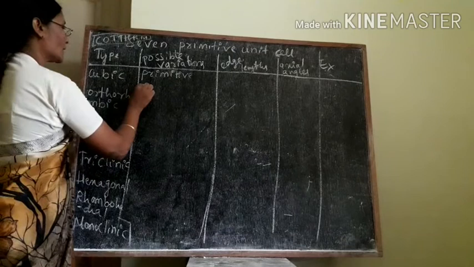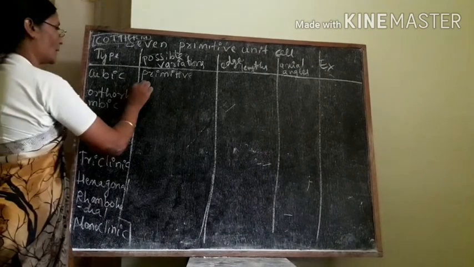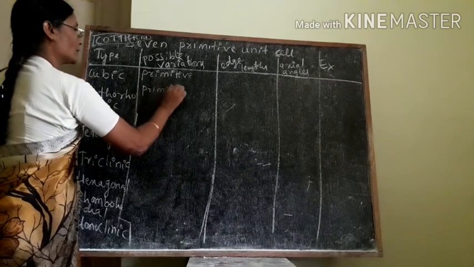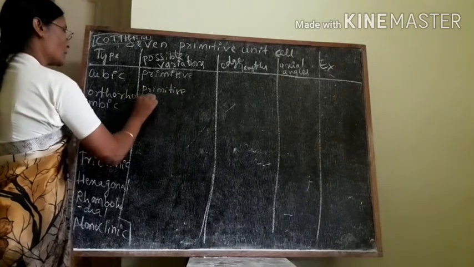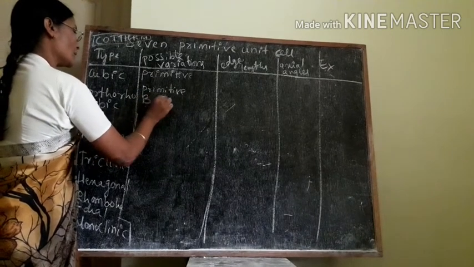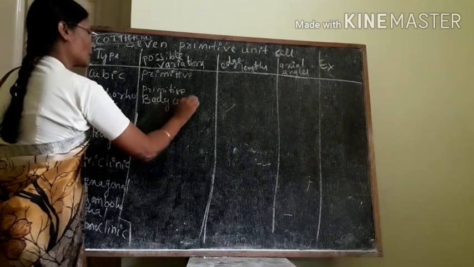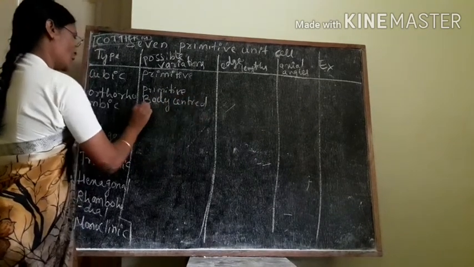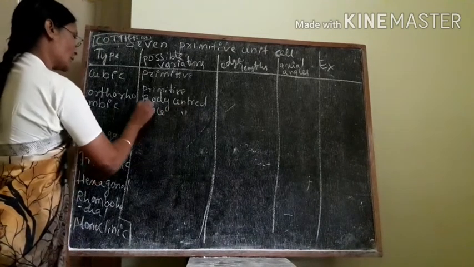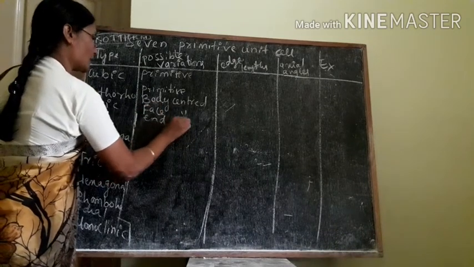Orthorhombic: here primitive is common, the basic cube is common. Next is body center, face center. There are 4 possibilities of units. Next, end center.